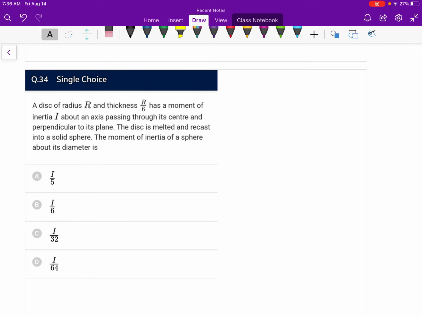A disk of radius R and thickness R by C has moment of inertia I. The disk is melted and recast into a solid sphere. Find the moment of inertia about the diameter. So mass will remain same, so volume will remain same. So pi R square, the area, into thickness, this is the volume of the solid disk. Say the radius of the sphere is small r. Then this is equal to 4 by 3 pi small r cube. So small r is capital R by 2.